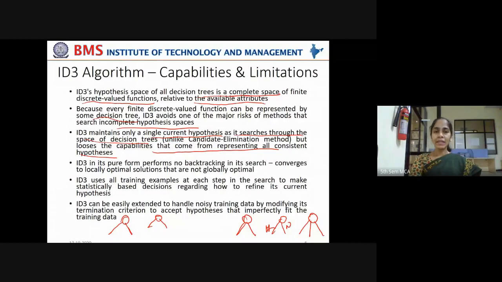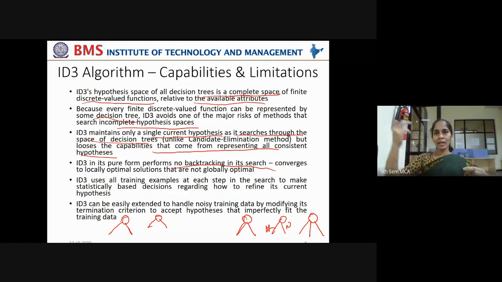Now, ID3 in its pure form performs no backtracking in its search, correct? It starts with Outlook. Information gain with Outlook is more, so that is taken as the root node. After that, it goes to humidity.